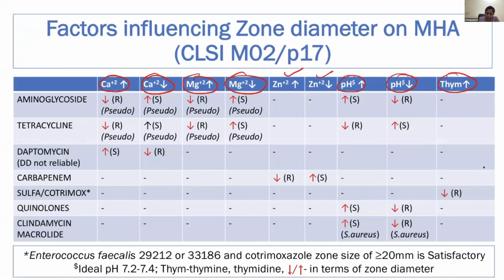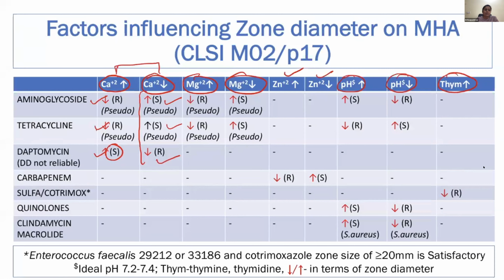First let us see calcium. If the calcium concentration increases, you will get false resistant reports for aminoglycoside and tetracycline, and more false susceptible reports for daptomycin. If your calcium concentration decreases, you will get false susceptible results for aminoglycoside and tetracycline, and false resistant results for daptomycin.